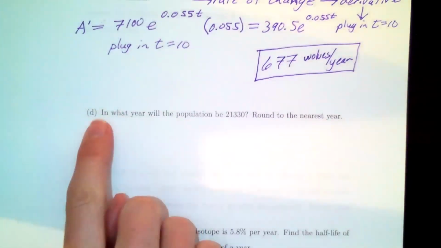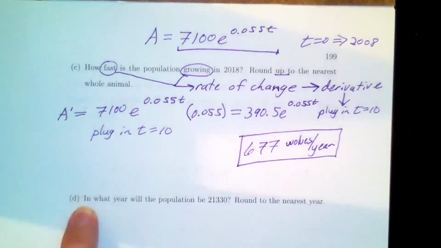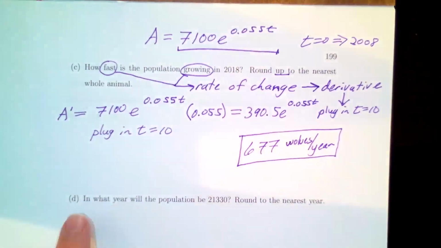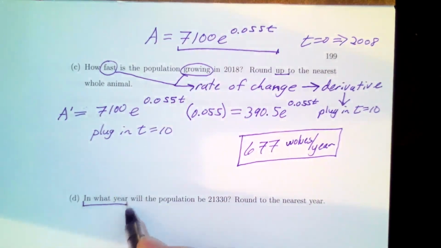Now, part D, we're using the same model up here. It says, in what year will the population be 21,330? So again, I have to pick off what it is they're asking me to find. When they say in what year, they're asking me to find a time, how long it will take.